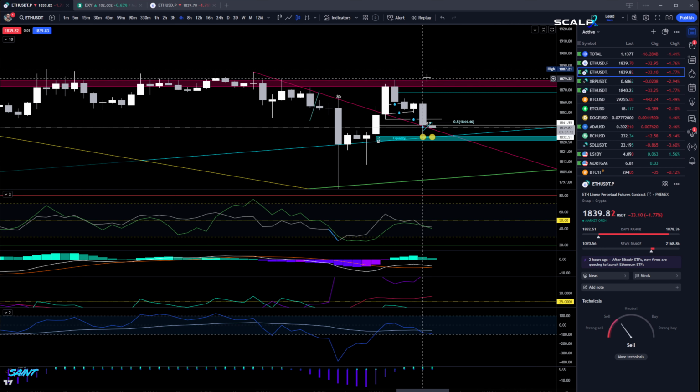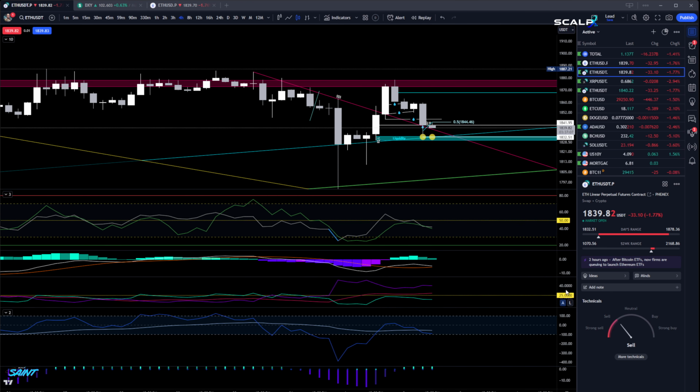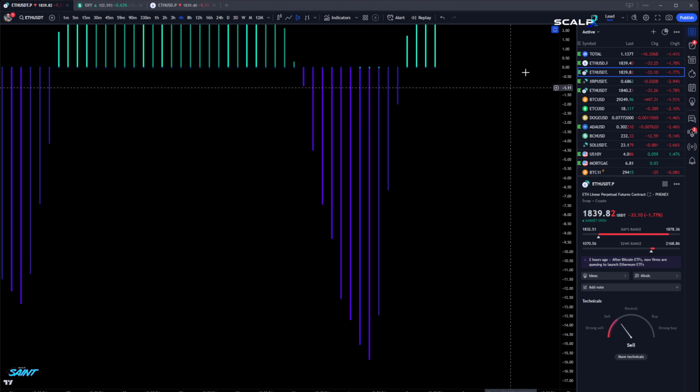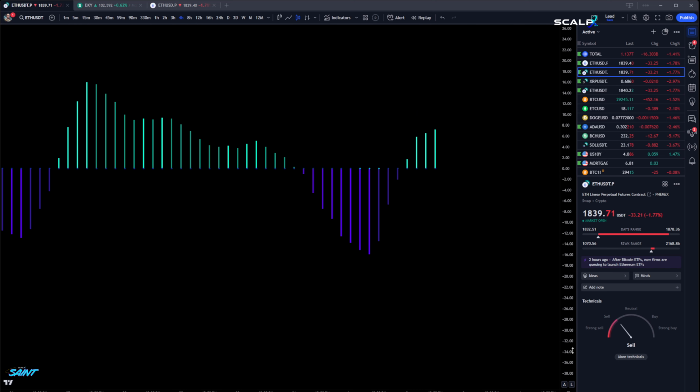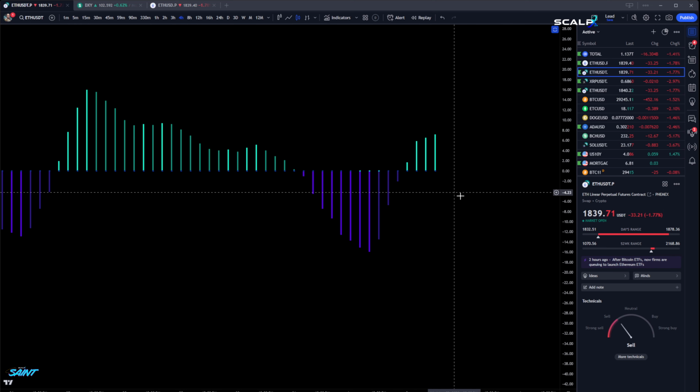Let's look at some other indicators, kind of give us an idea where we're at. Bearish is F. So more than likely, what we probably get is bad. Is it squeezing? This is a bullish squeeze, but we haven't lit up green yet.